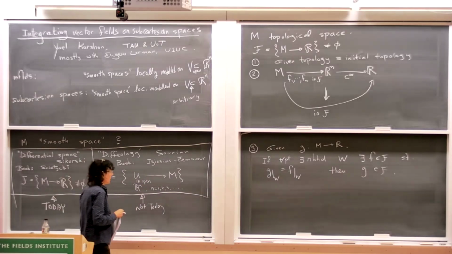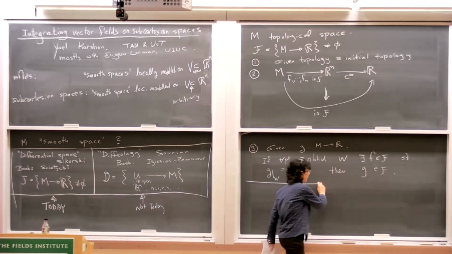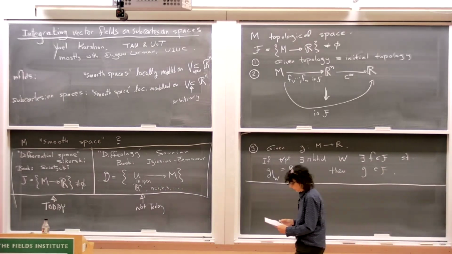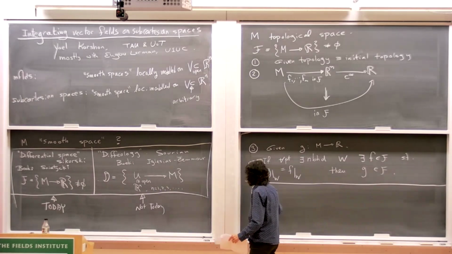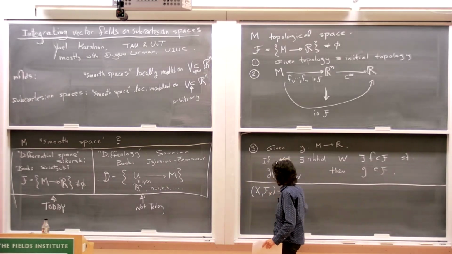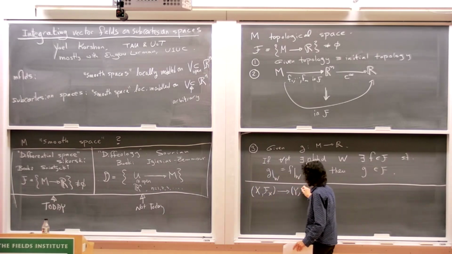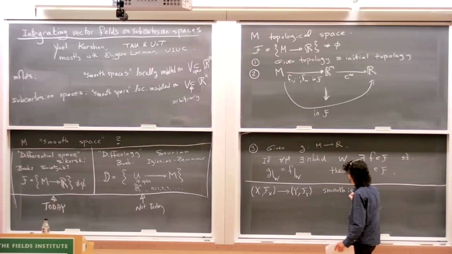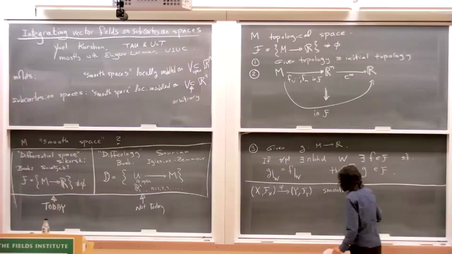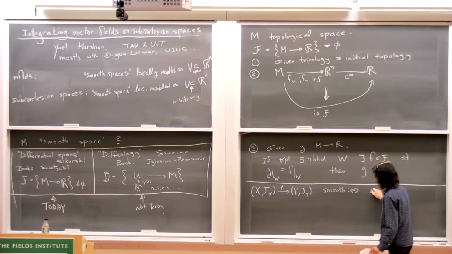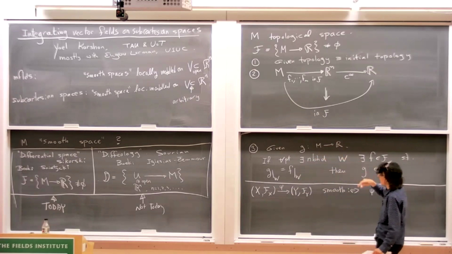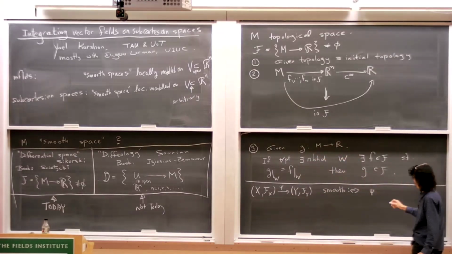And as soon as we have the notion of a differential structure, there's a very natural notion of a smooth map. If you have two differential spaces, a smooth map is just a map of sets such that the pullback, or the precomposition, of any smooth map on Y is a smooth map on X. Smooth map in the sense of belonging to the given family.